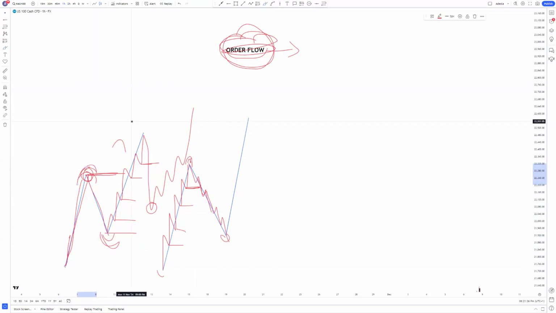And then the best one, the one that is more high probability, I don't want to use high probability because I don't really do high probability, low probability trades, A plus, all of those things. No, I just have the same rules applicable to all trades, and all trades must do the same thing.